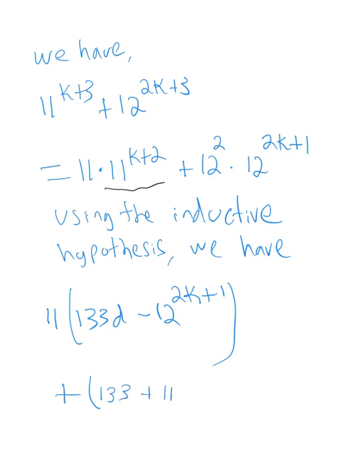That's a trick that we used in the basis step. So I replaced 12 squared with 133 plus 11, and I replaced 11 to the k plus 2 with the quantity 133d minus 12 to the 2k plus 1.